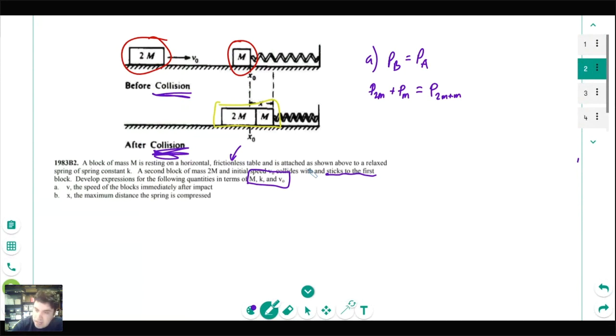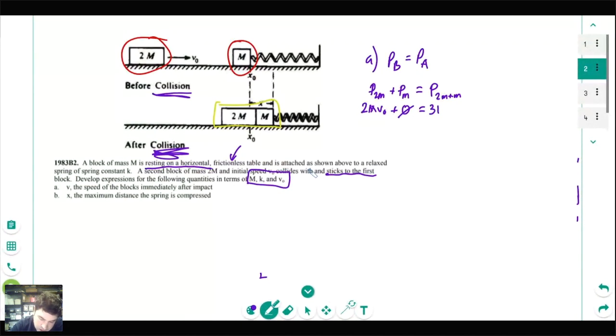Okay. So now in this case, the momentum of the 2M block is mass 2M times speed v naught. And for the single M block it is 0, because they told us it's at rest. The block of mass M is resting there, so there's no momentum going on with that at all. Afterwards, the masses are now combined.